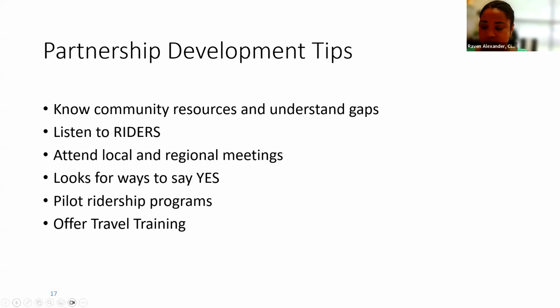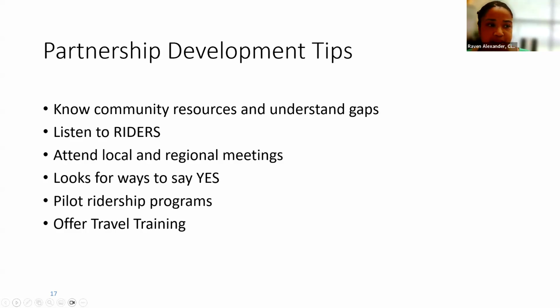Just a couple of tips that assist me with being successful with partnership development: know your community resources and understand the gaps. It's difficult to know who to speak with or what needs to be met if you don't know what's going on within that community.